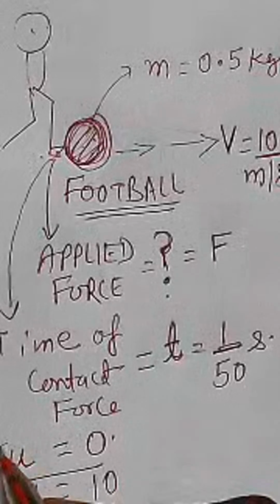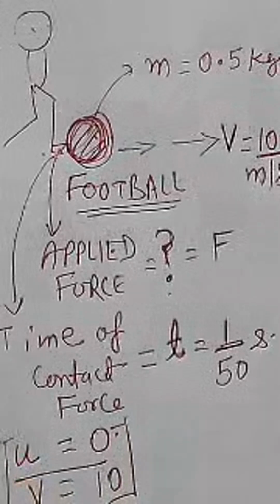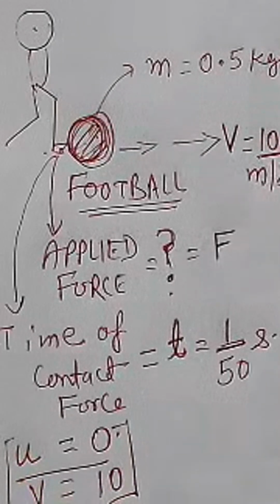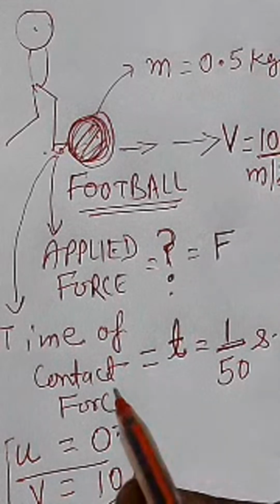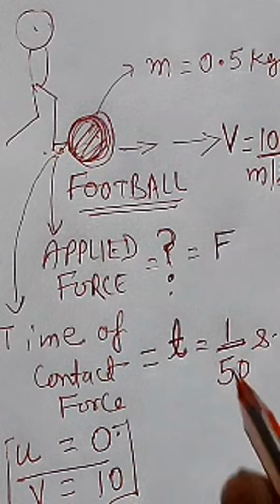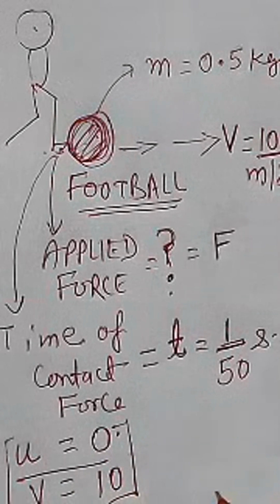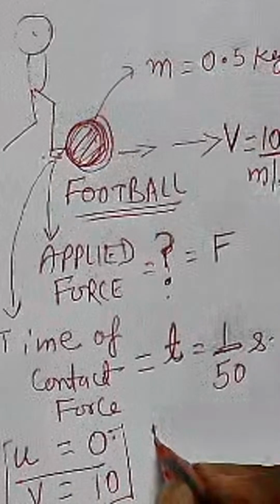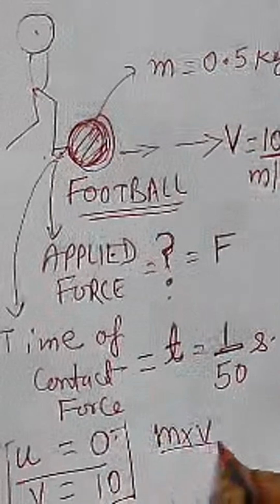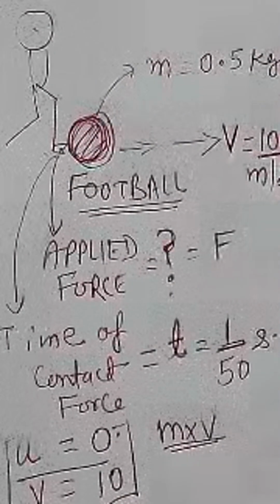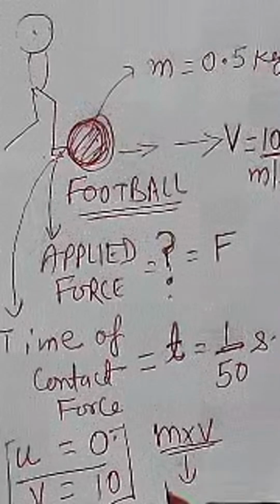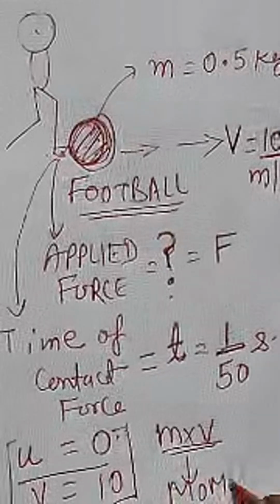Now we know the rate of change of momentum. What is momentum? Momentum is the product of mass and velocity, right? M into V is the momentum. You need to remember, this is a very simple formula.